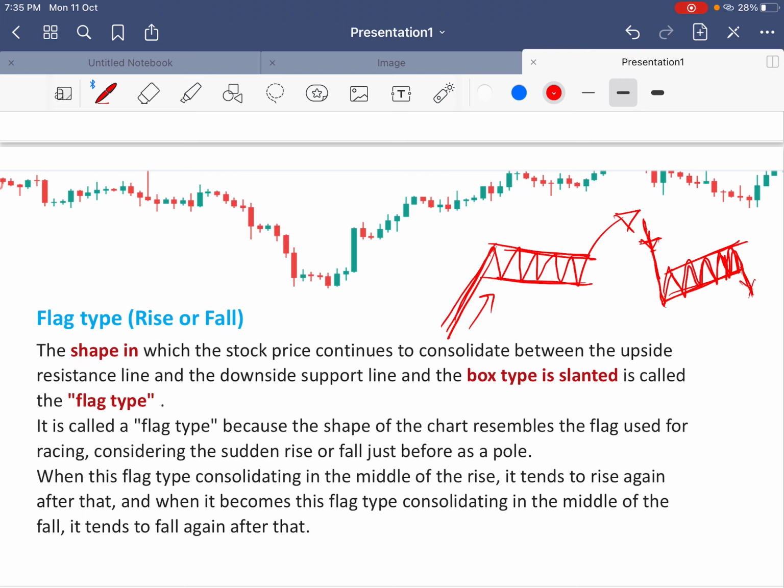So these are some very important patterns you have to remember, and this is a very quick video. If you want to learn these patterns in a very precise and effective way, you have to implement these patterns in your daily trading session.